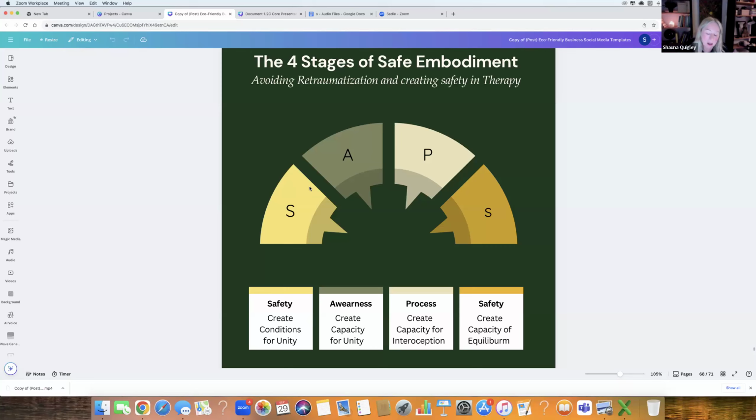So we cannot in this industry be talking about embodiment without the safety of embodiment. It cannot happen. It should not be allowed to happen in the industry. Because this is people's actual inner worlds that are at play here. This is serious stuff. If I had my way, I would make safe embodiment compulsory for every single therapist.